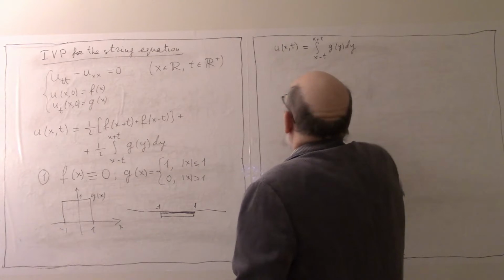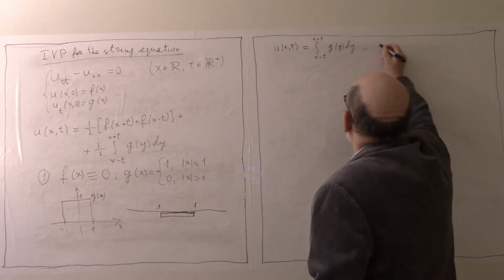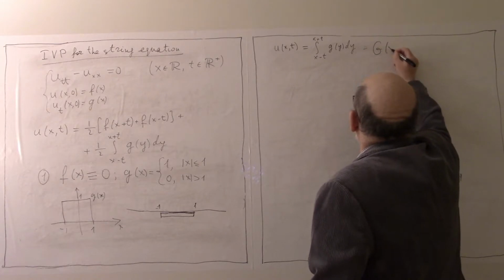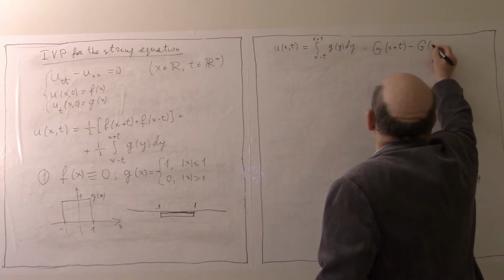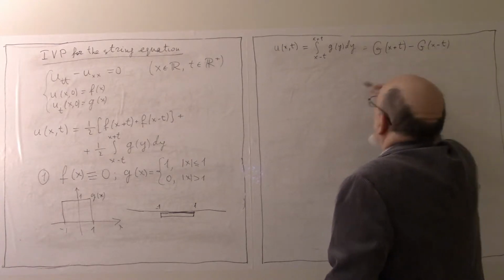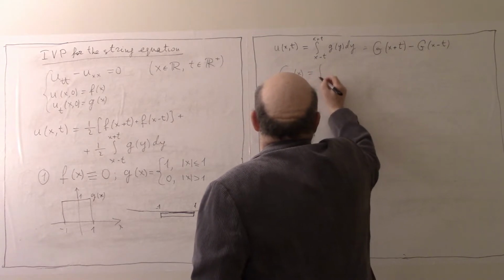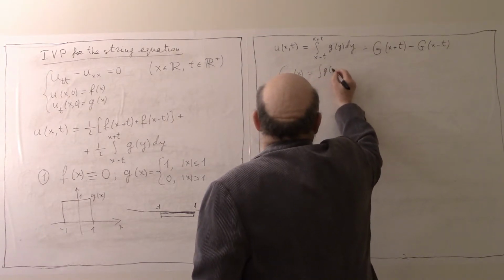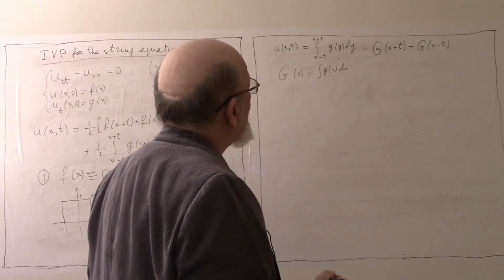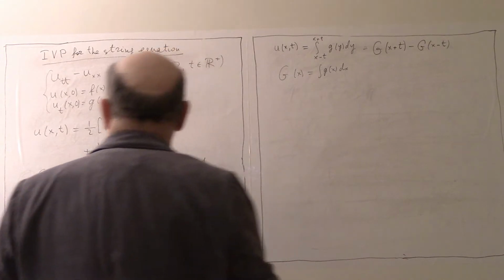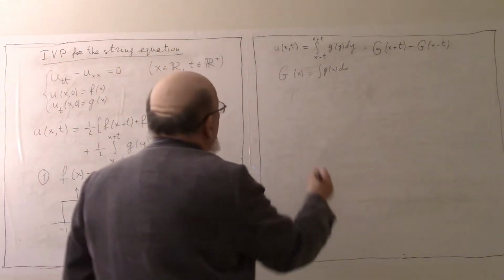And let me write it in the form equals 1/2 [G(x+t) minus G(x-t)], where G(x) is a primitive function of g(x). Yes?